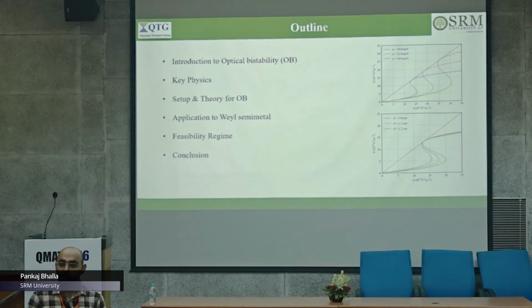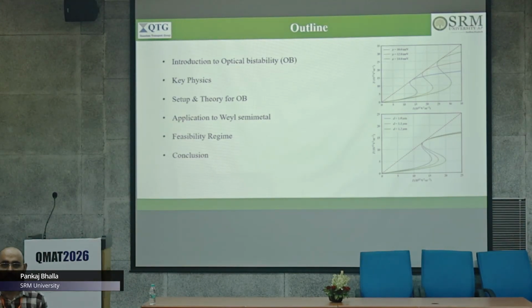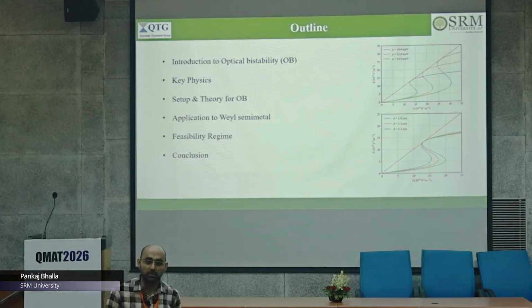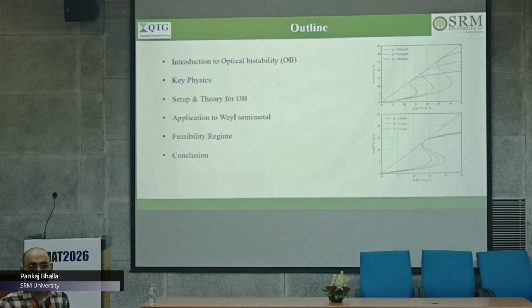So the outline of my talk is, first I will explain optical bistability, what it means and how it is important, what is the principle behind observing optical bistability, what is the literature or traditional method people have followed to explore the bistability, and what is the key physics behind it.